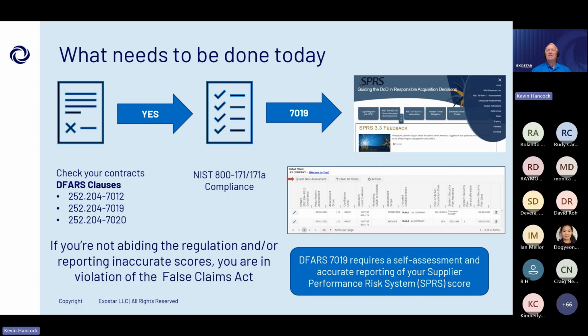NIST 800-171. Because you've got that 7012 clause, that said that you are required to safeguard controlled unclassified information in accordance with NIST 800-171. The 7019 clause requires that you do a self-assessment of how you're doing against each of those 110 controls.